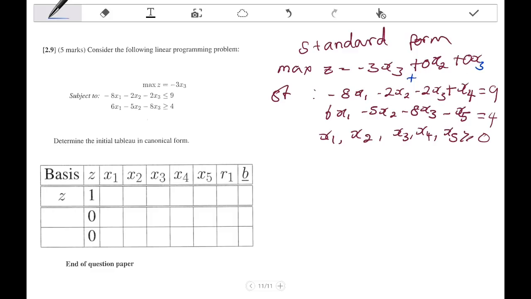Here we have only one constraint that is in such form, which is x4. x4 has a coefficient of 1 here, and then 0 there, and 0 in the objective function. So that is the only constraint that satisfies that condition. x5 doesn't, because it's minus 1. So that means we have to add something. Here we're going to add what's called an artificial variable.